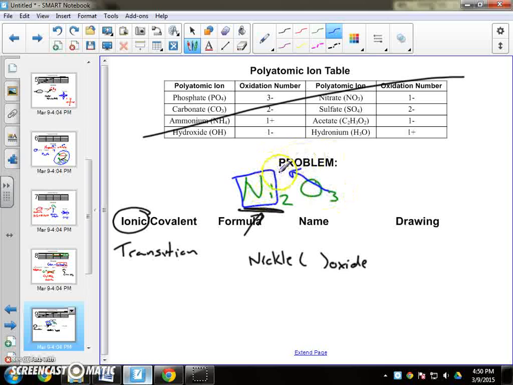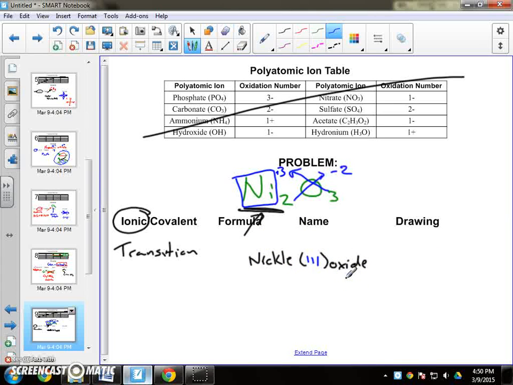I'm trying to figure out what's the charge of nickel that I would need 2 nickels to balance out my 3 oxygens that are -2. -2 times 3 gives us 6. Something times 2 will give us 6. So this is going to end up being our +3. So we're going to end up having nickel(III) oxide.